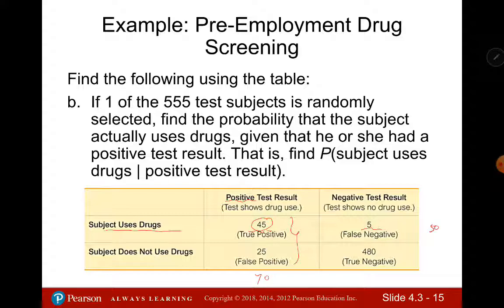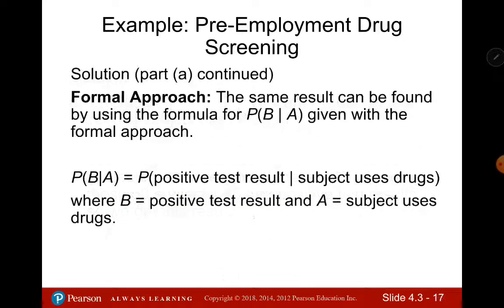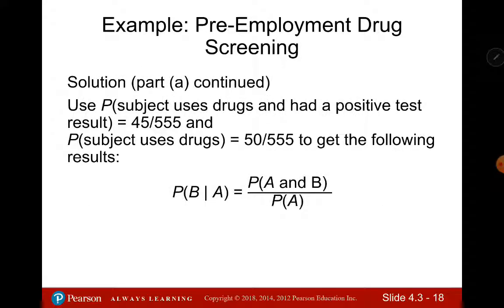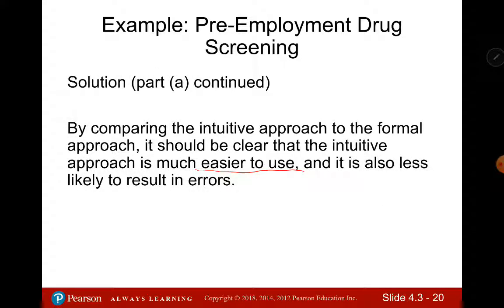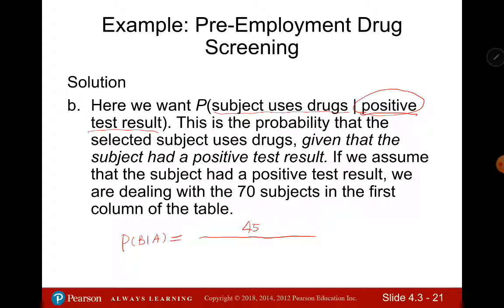So 50 people for this row use drugs and 70 people test positive. So this time we use positive result as our condition. So here, the denominator, we should put 70 here. And we have 0.643 as our result.